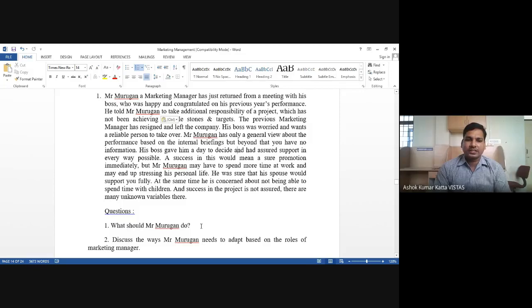Now, in what ways can Murugan adapt to the marketing manager related roles? Because manager means you're supposed to go to the company because every day hundreds of people will come and meet you. They will appreciate, they will talk to you, they will tell negative about your company or positive about your company.